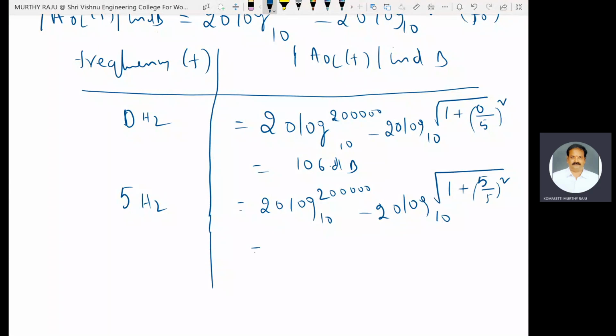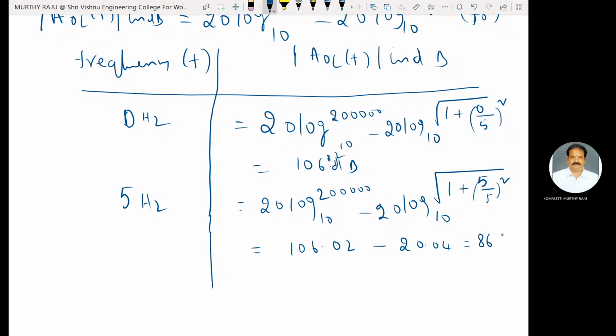That is equal to 106.02 minus 20.04, which equals 86 dB. At the break frequency f naught, the gain value decreases from 106 dB to 86 dB.